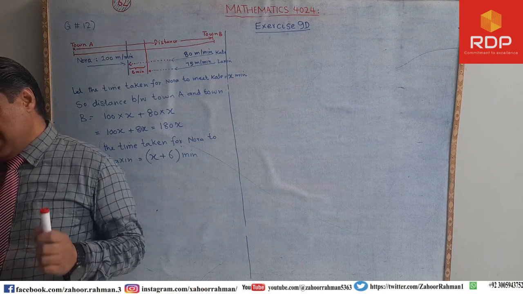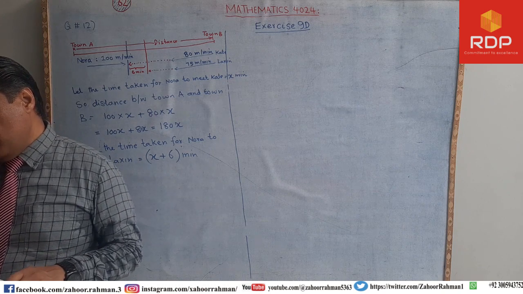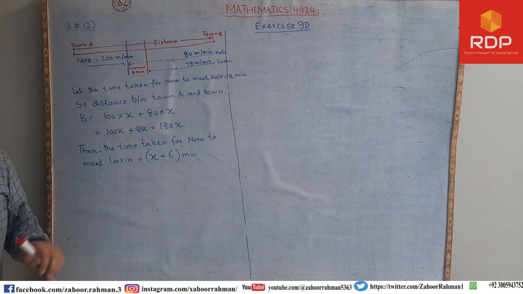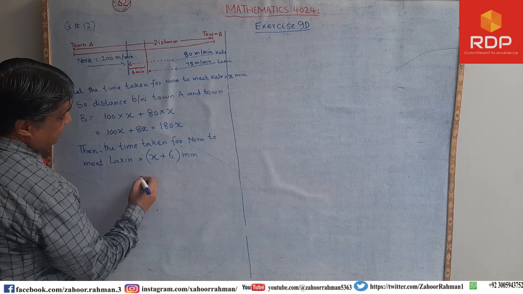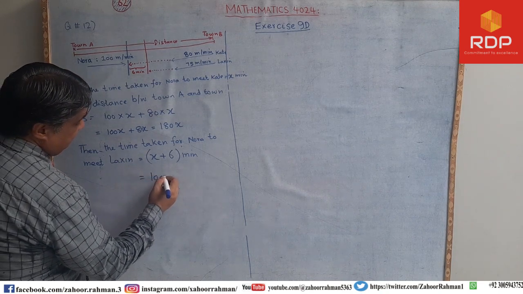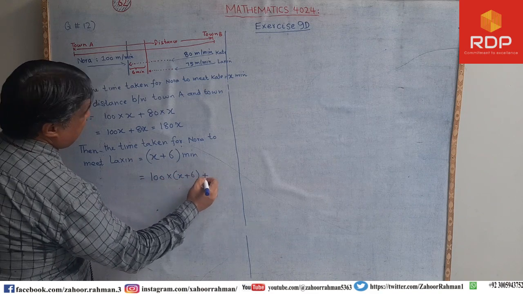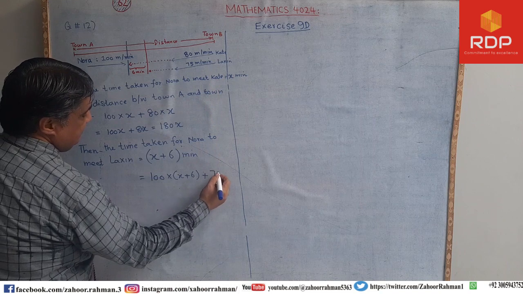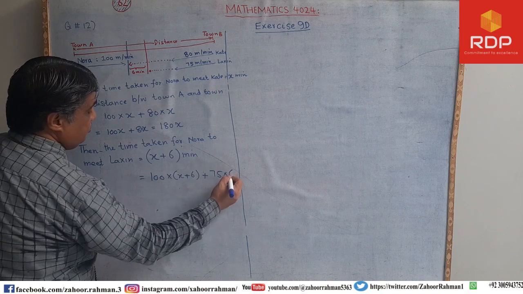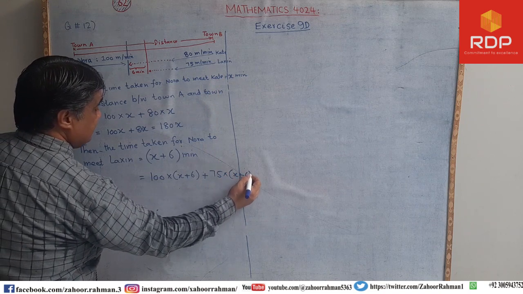So first of all we have to multiply 100 by x plus 6, plus Lexon's speed 75 into x plus 6.